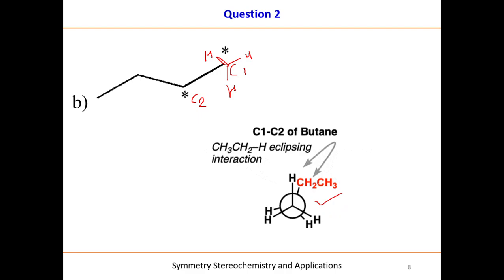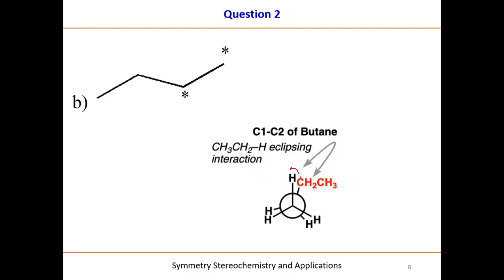Here you can see CH2CH3 is taken backside, because C2 is considered the backside atom and this one is C1 as I have drawn here, and C1 has all three hydrogens, and the angle between hydrogen and ethyl is 0. That's why it's eclipse. This is the eclipse one.